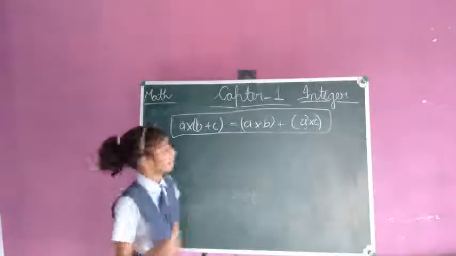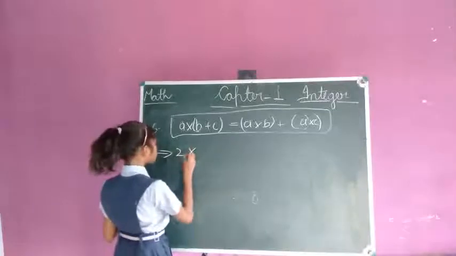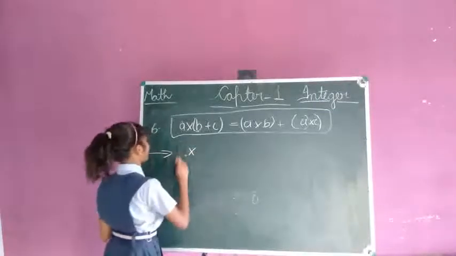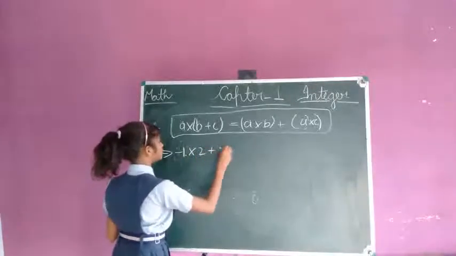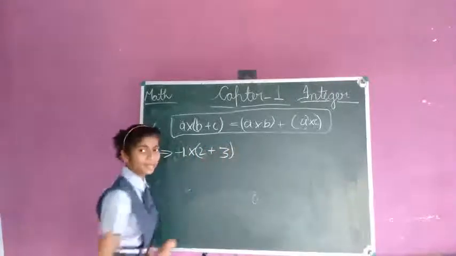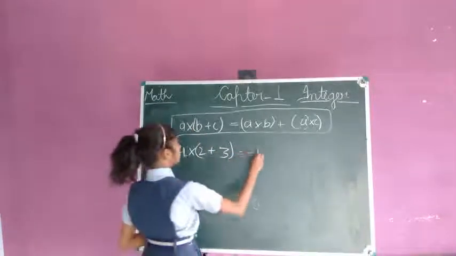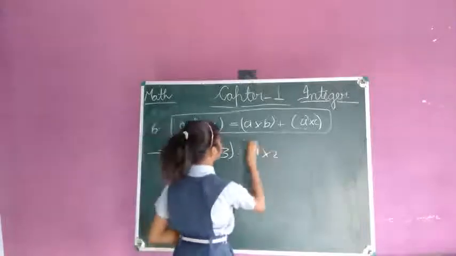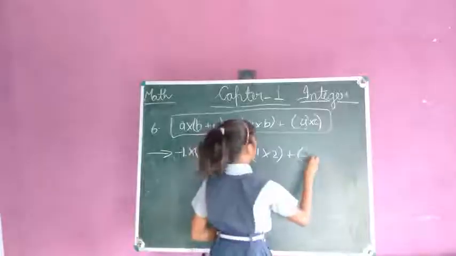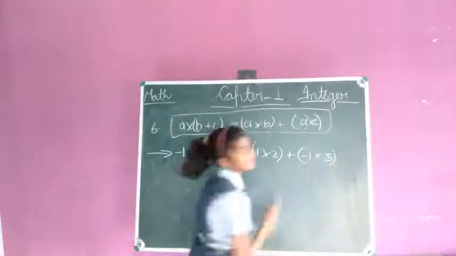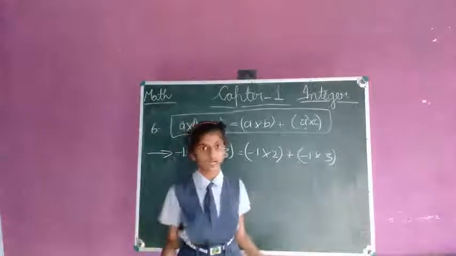Let's take an example. I'm taking -1 into (2 plus 3). Okay? Equals -1 into 2 plus -1 into 3. Let's solve this and see whether the answer is equal or not.